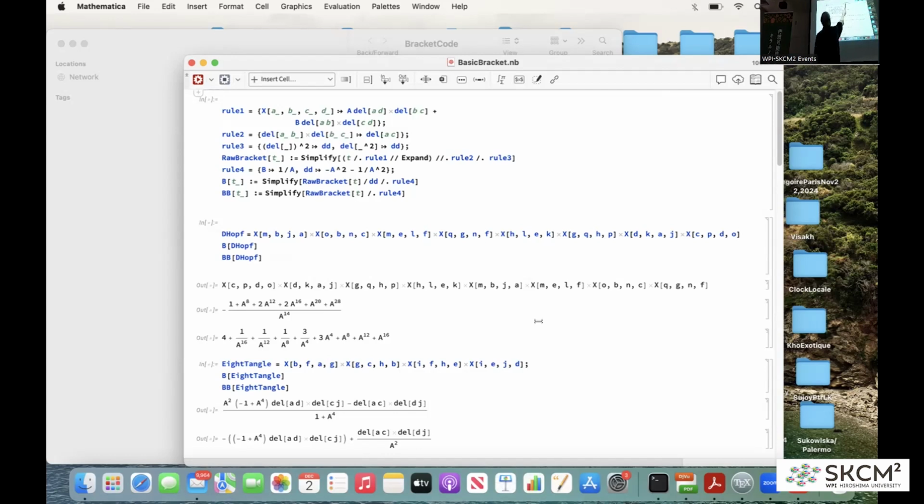And that's the raw bracket involving A, B, and D. And then if you allowed B to be equal to A inverse and D to be minus A squared minus A minus 2, rule 4, then you can apply rule 4 and get the actual bracket. And then you see how it is going to go. You put something in here that's a more complicated thing than I had in mind, and then it will calculate this stuff for you.